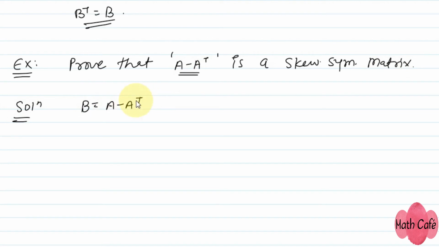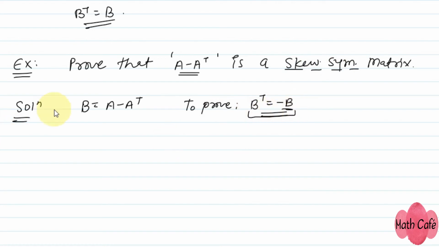And what do we need to prove? We need to prove that B transpose should be equal to minus of B, because we need to prove that B is a skew symmetric matrix. For a skew symmetric matrix, if we take the transpose of matrix B, that should be equal to minus of matrix B.